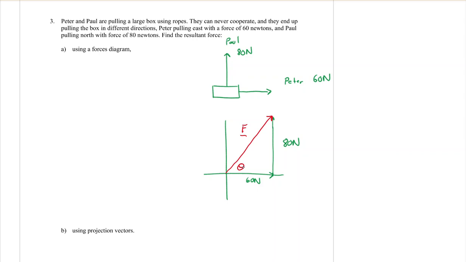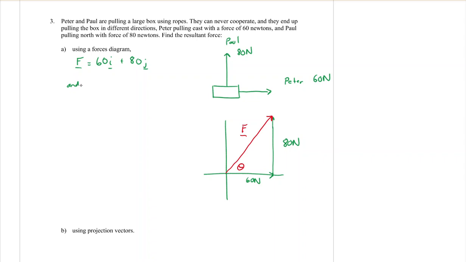If we want to know the force as a vector, it's going to be 60 in the i direction plus 80 in the j direction. We can work out the magnitude of the force by doing Pythagoras' theorem.